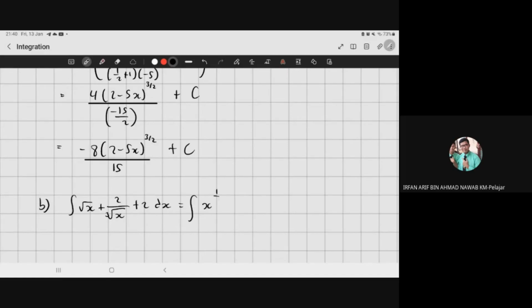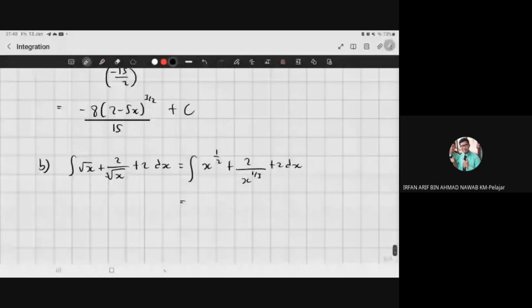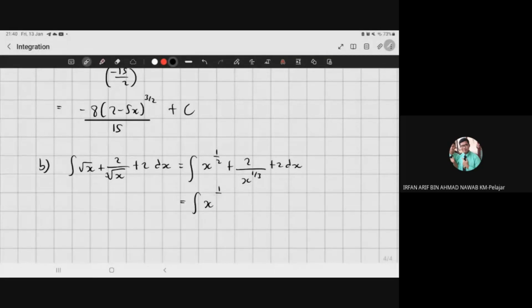X to the power of 1 over 2 plus 2 over x to the power of 1 over 3 plus 2 dx. Then from here, I can change this to a negative power. So you will get the integral of x to the power of 1 over 2 plus 2x to the power of negative 1 over 3 plus 2 dx.